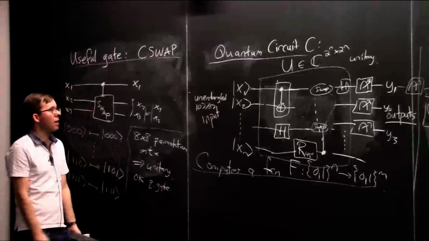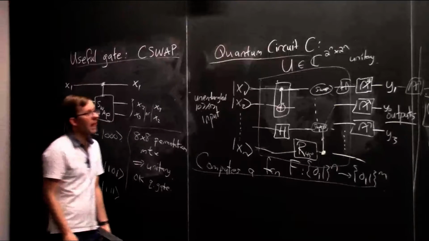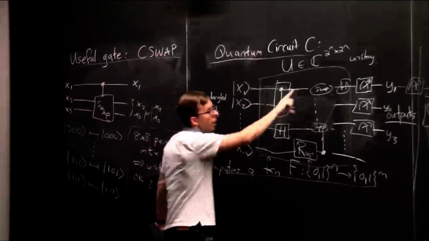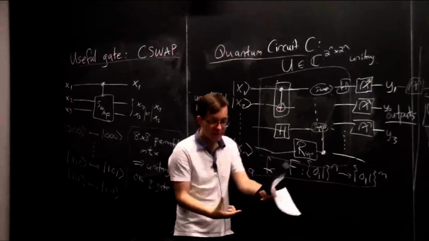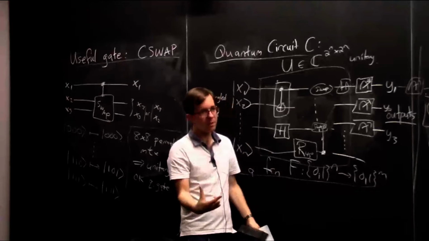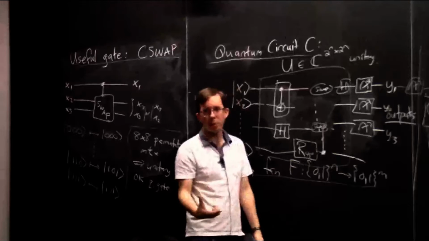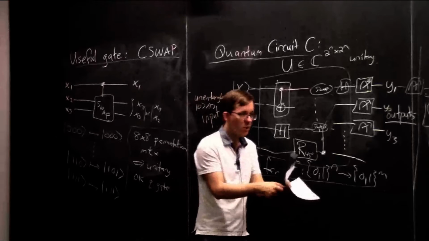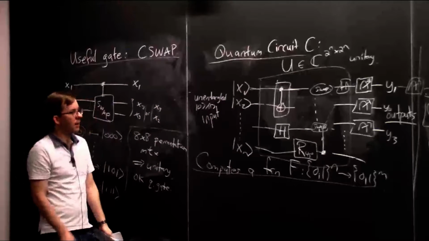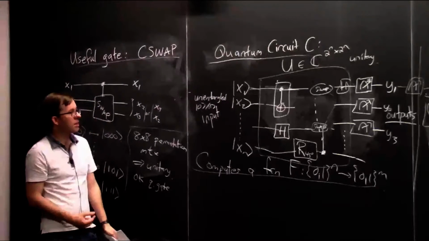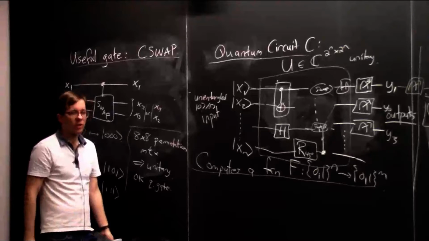Now, in real life, you probably have to actually do swap gates on adjacent qubits to get them all together, because they all have to go into some physical apparatus that accepts 3 qubits, does a C-swap and outputs them. And then maybe you have to do swap gates to move them back to where they were. But we're not going to get very stressed about that in this class, because it doesn't make a big difference to efficiency.